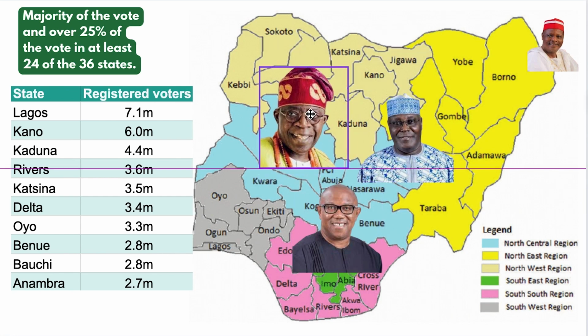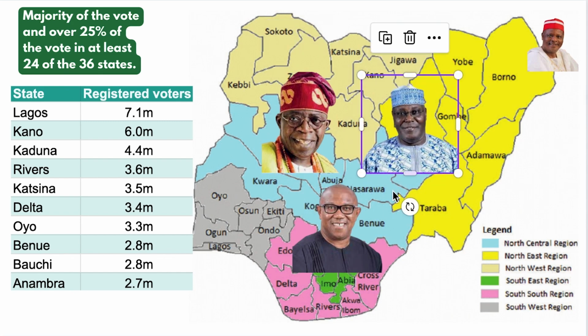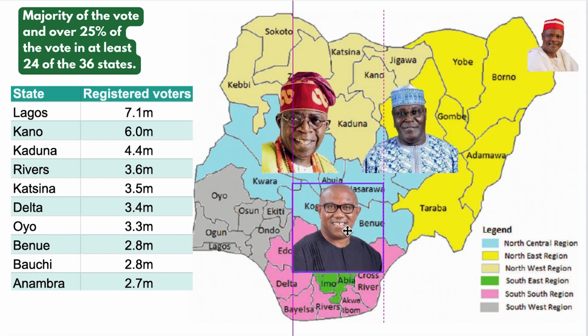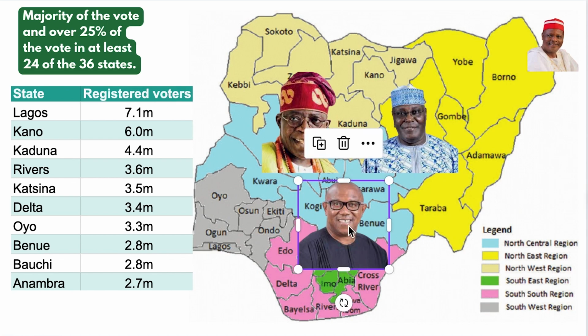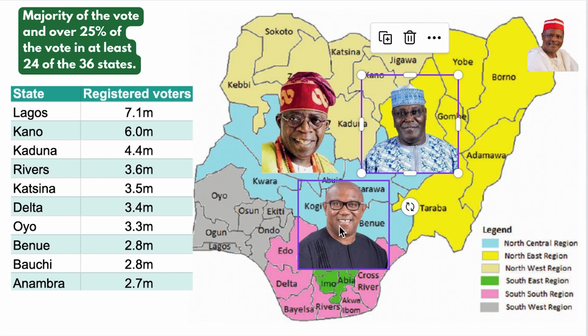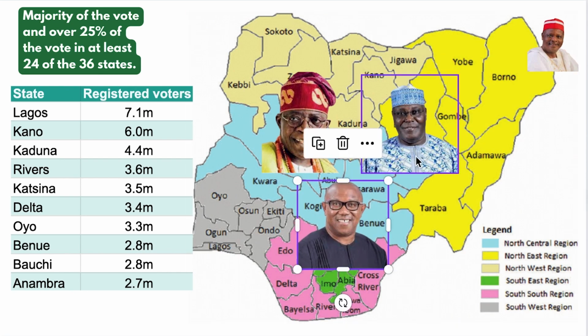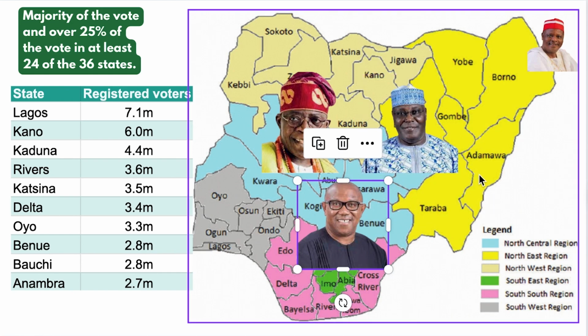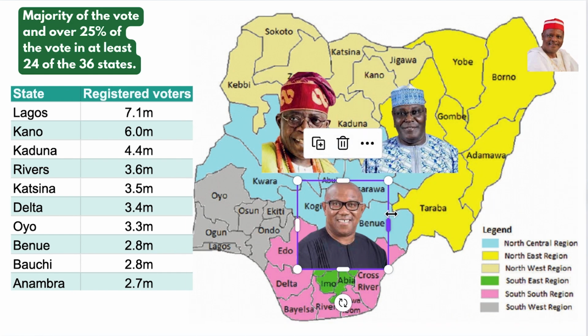So these three, I think they do have that business-oriented capacity, unlike the current president who is almost clueless really. They all have businesses, they know how to run business, and they can make the private sector work.